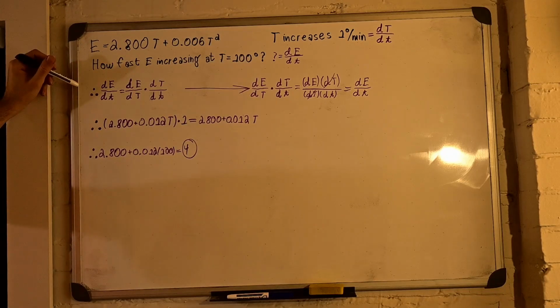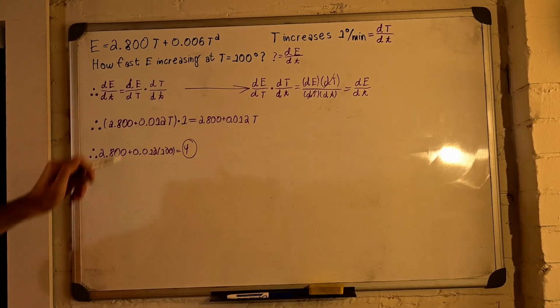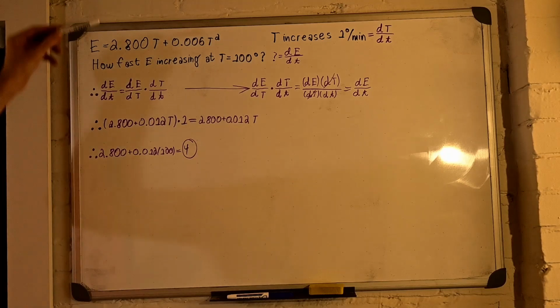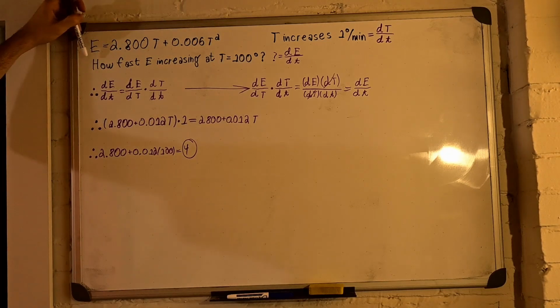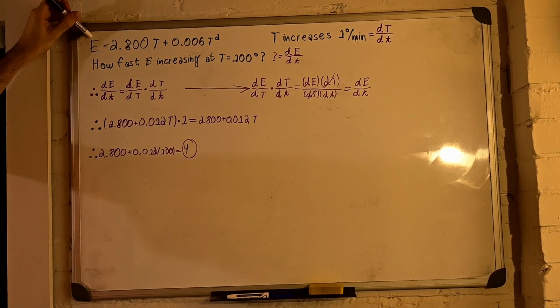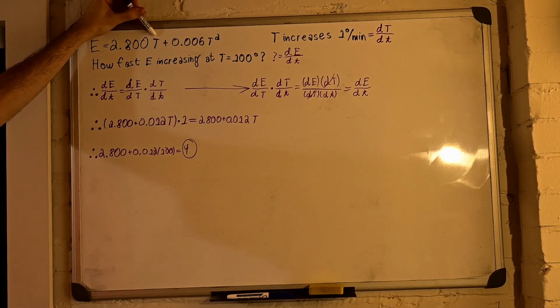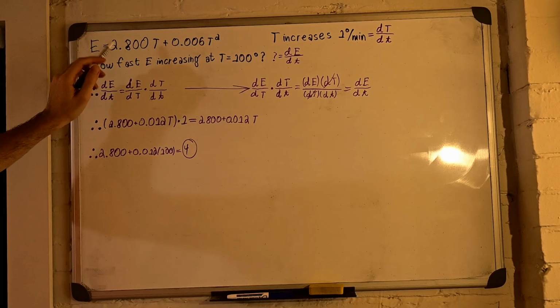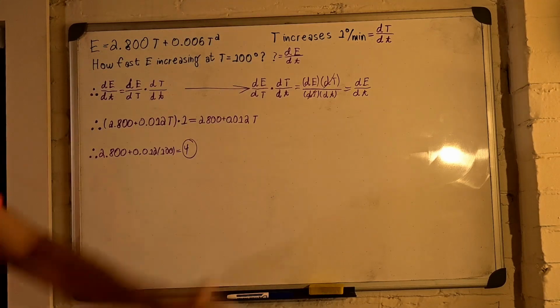So if we're trying to look for that, we can take the derivative of voltage with respect to temperature times the derivative of temperature with respect to time. The reason why is, we have this equation right here, the original equation that they gave us. It's E with respect to temperature. This is also what we have.